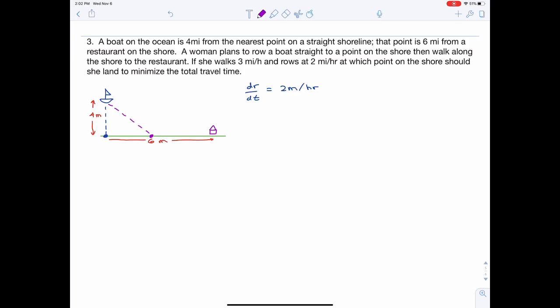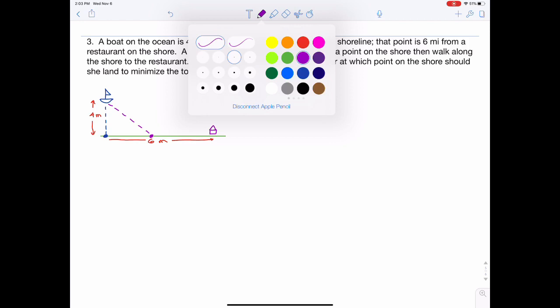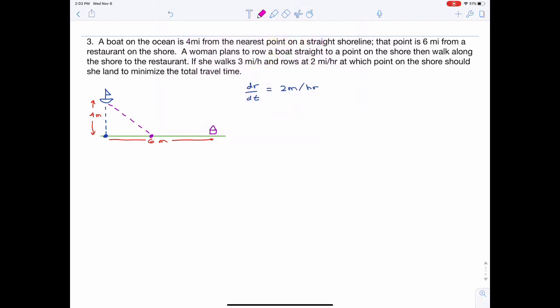So what I'm going to do is, I will do this in, how about pink? I'm going to say the distance from here, actually, let me highlight that just to make sure you guys see it. So from here to here, I'm going to call that distance x, which means the other distance, from here to here, is going to be 6 minus x.